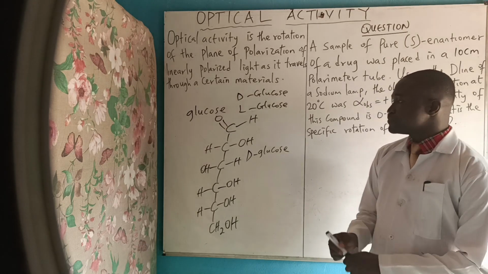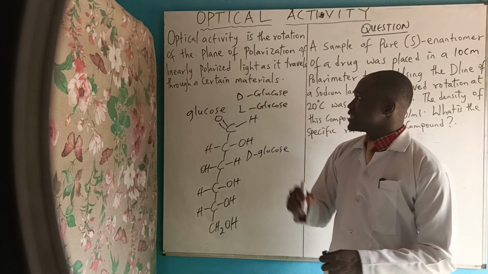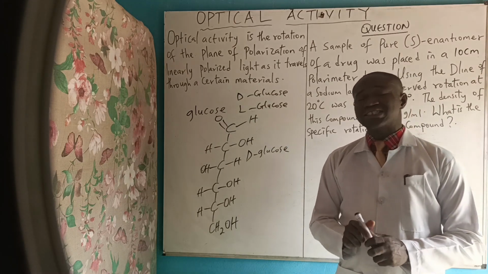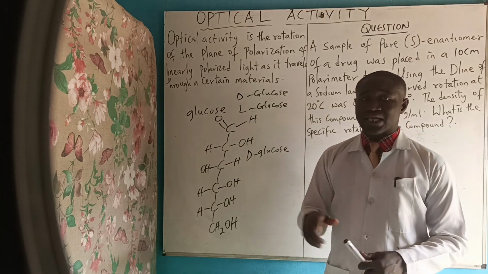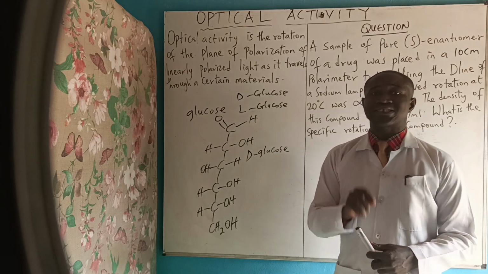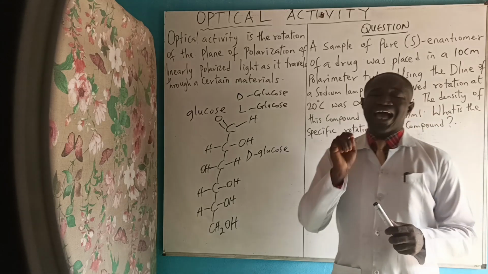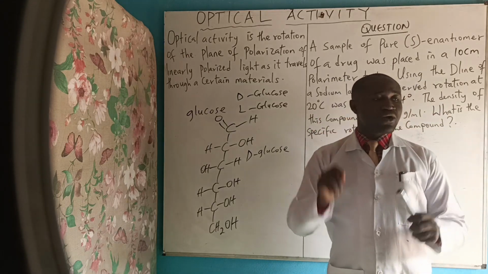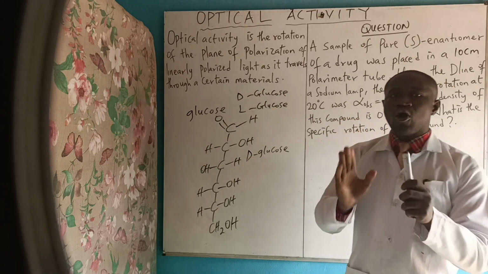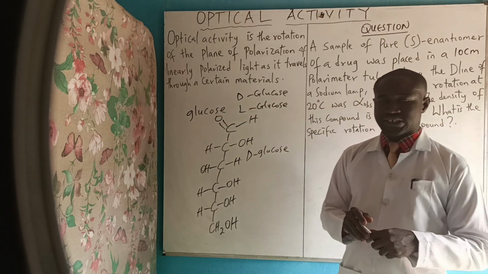Let's see how. We could talk about chiral centers: every molecule that has the tendency to rotate a light ray must have chiral centers. What do we mean by a chiral center? A chiral center is an atom in a molecule that is bonded to 4 different chemical species.